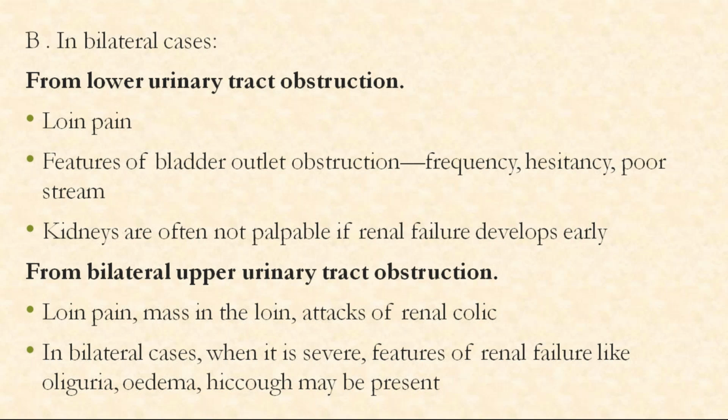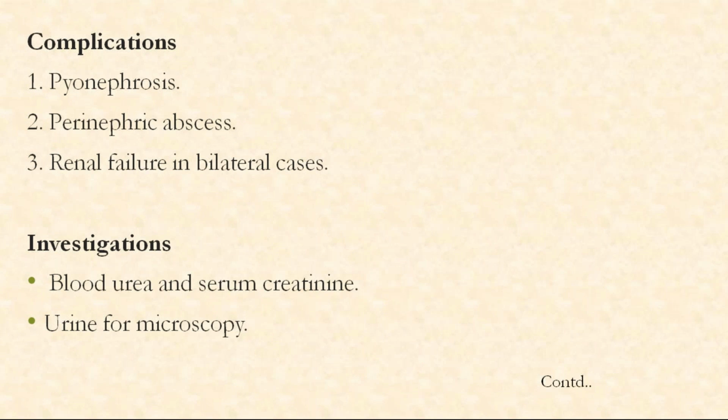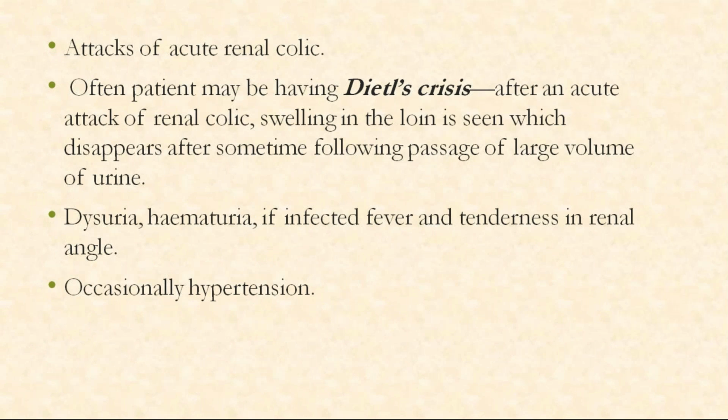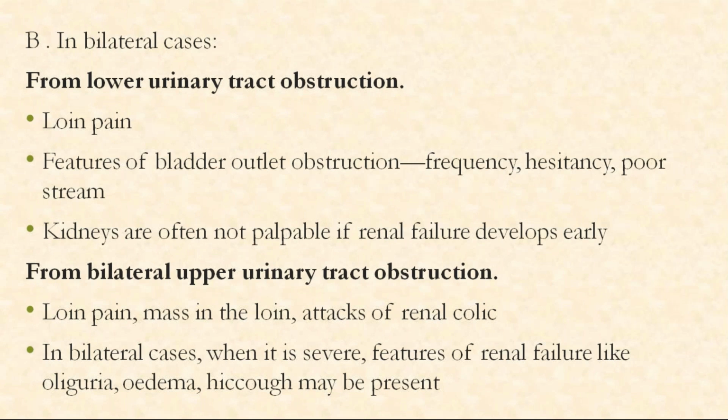Next, bilateral upper urinary tract obstruction. So similarly, the patient may have pain. If it is a bilateral upper urinary tract obstruction, what are the symptoms the patient may have? The patient may have a pain in the loin region. A mass is palpable due to the attack of colic.